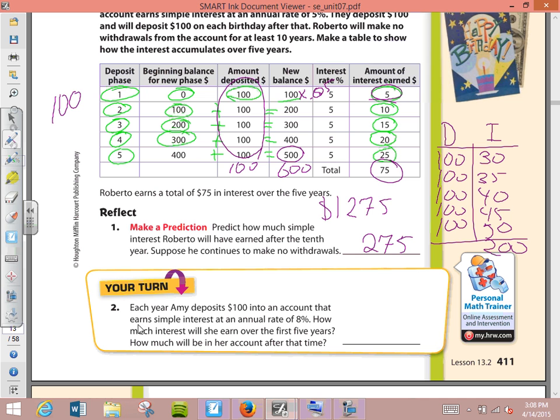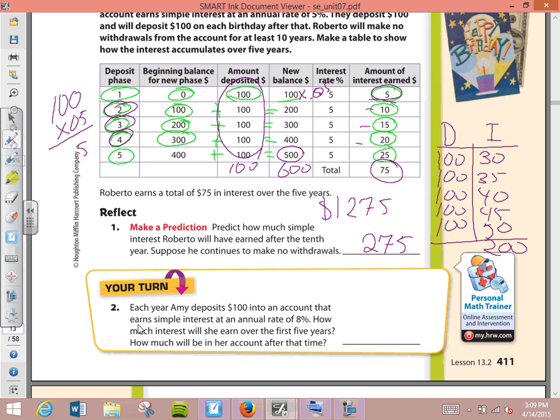So 100 times 0.05 gave me 5, after you move the decimal. And then you multiply that by the year. So 5 times 1 is 5 for the first year. 5 times 2 gives me 10. 5 times 3 gives me 15. 5 times 4, 20, and so on and so forth.